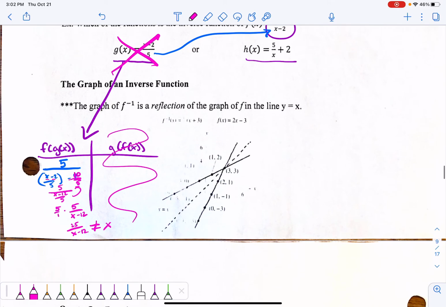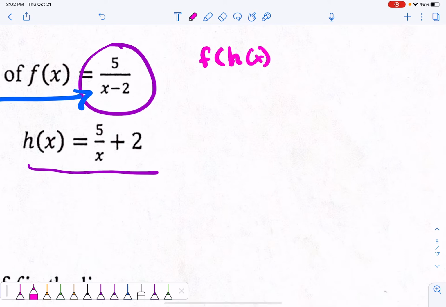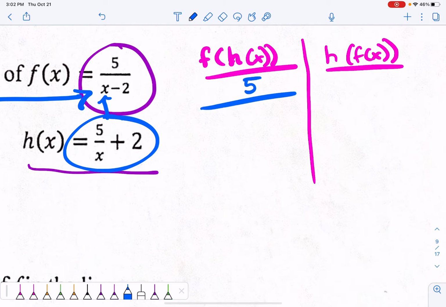Then let's try h. Over here, let's do f composed of h of x to test him, and let's do h composed of f of x to test him. Starting with f composed of h, we're going to take h and plug it into f, so it looks like this: 5 over x minus 2, and in its place we're going to put 5 over x plus 2.